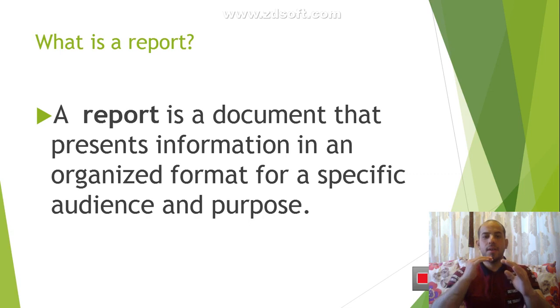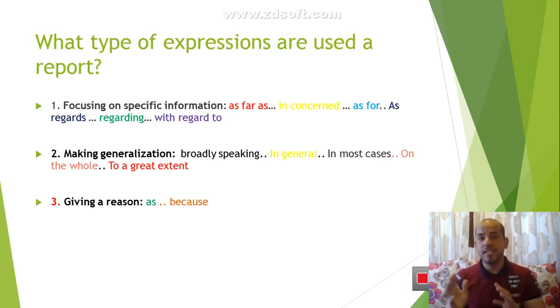So we have many details, some questions, results, conclusion, okay, that are produced for a specific audience and for specific purposes. And now, what type of expressions are used in reports? You know, each field, each type of writing has different expressions.